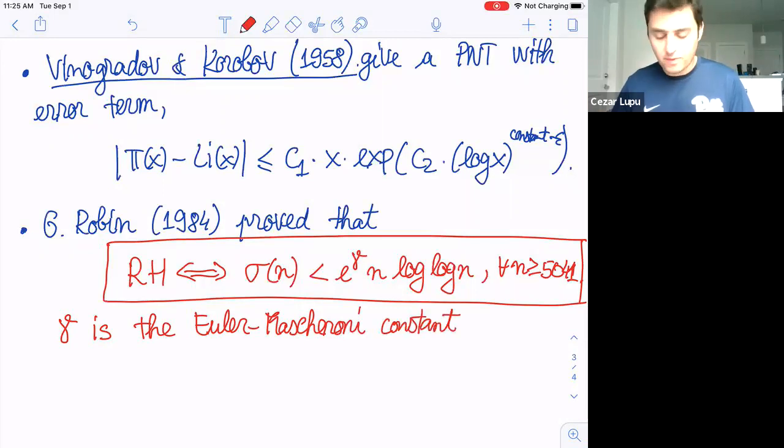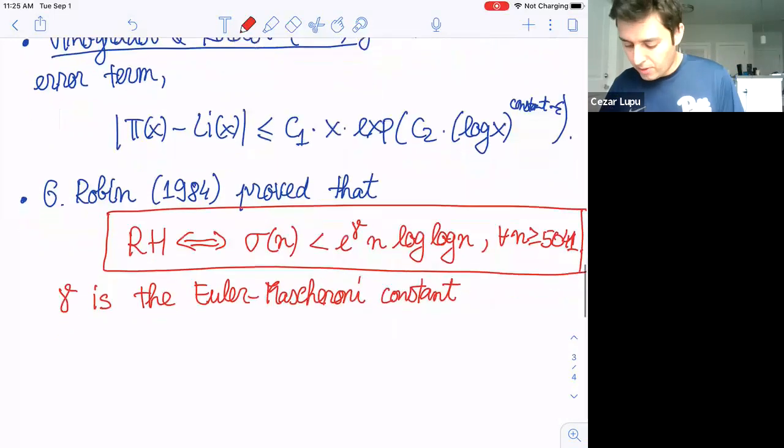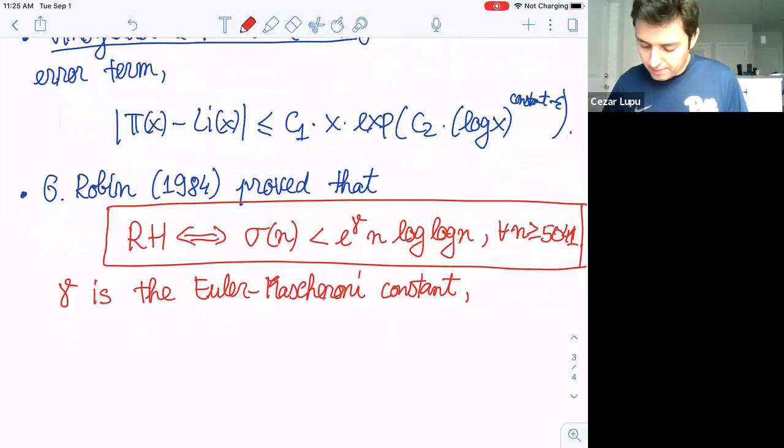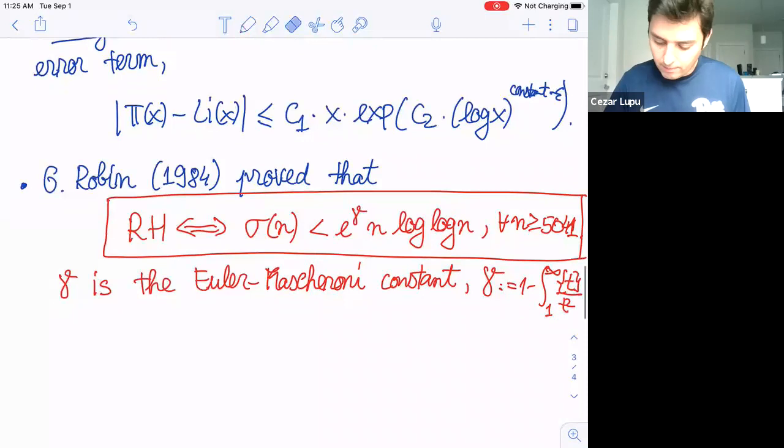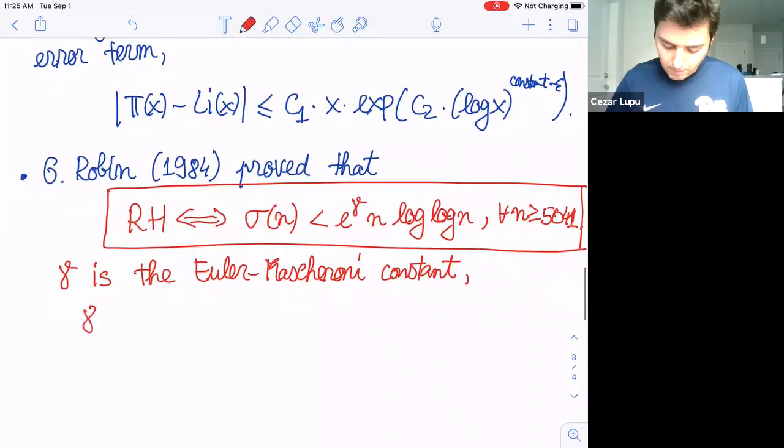Some people define it using the harmonic number, but I'll define it this way: an integral involving the fractional part of t over t squared dt.